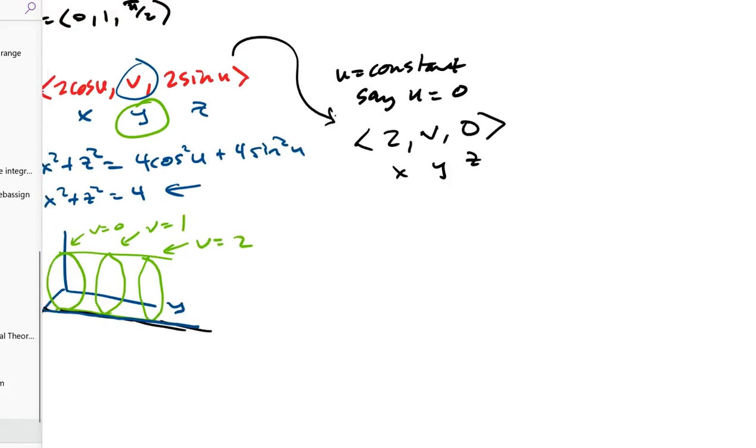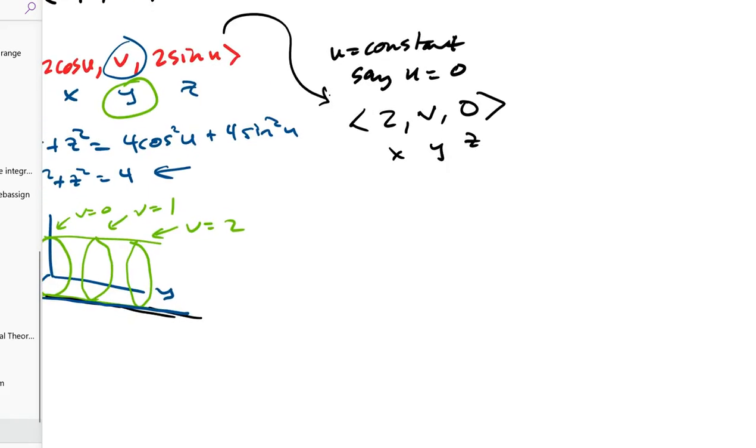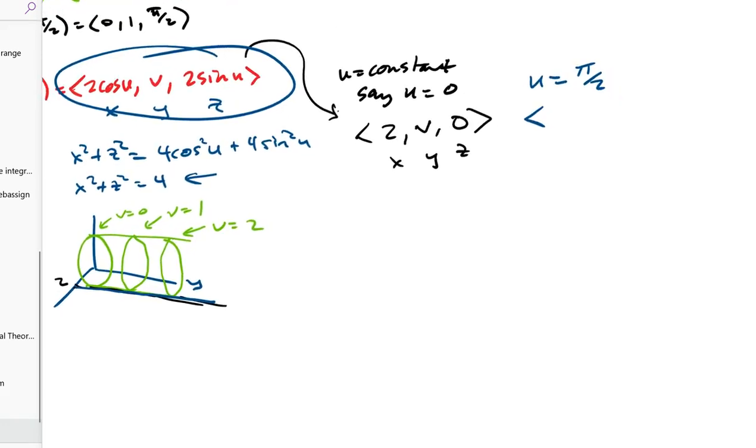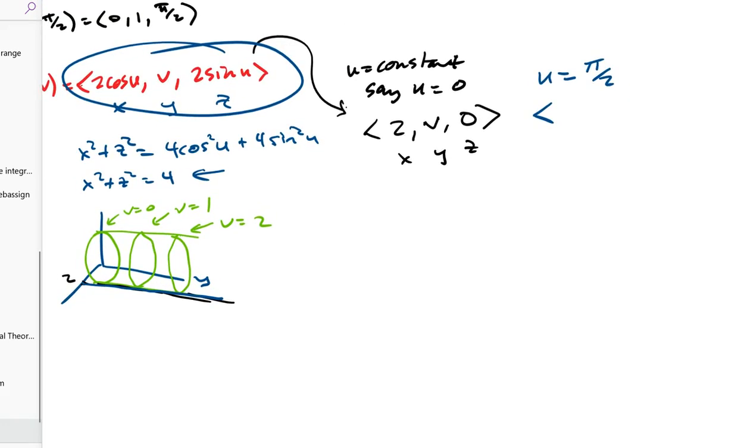So now let's say that u is pi over 2. So then we get, let's look at the original, when u is pi over 2, we'd get 0, v, and then 2.